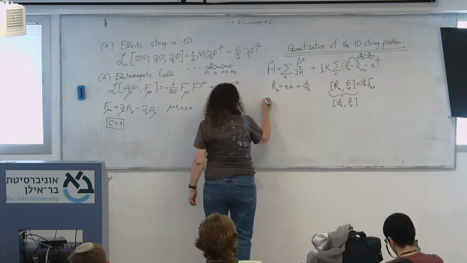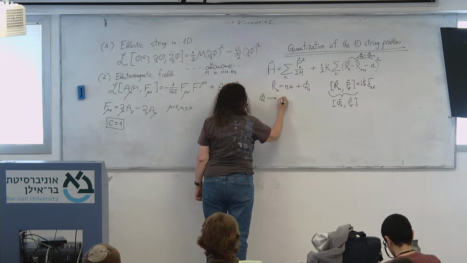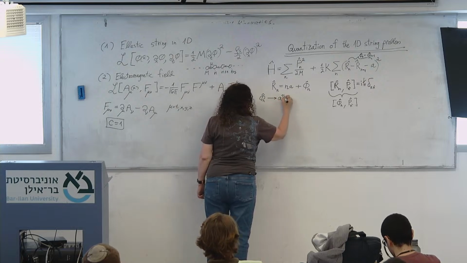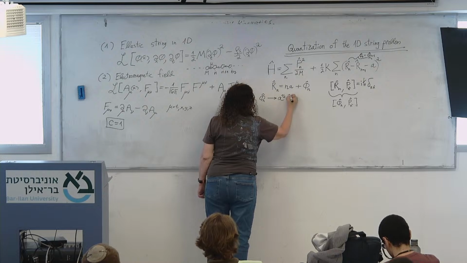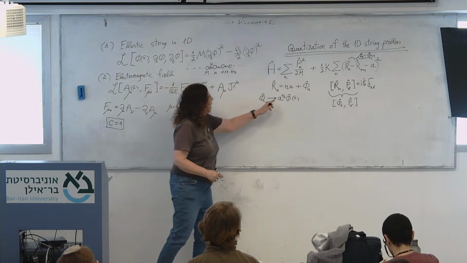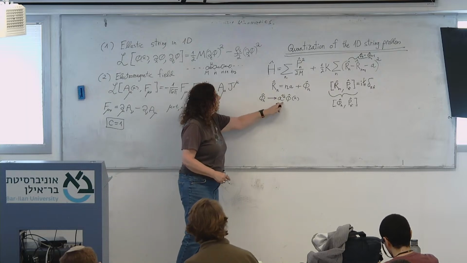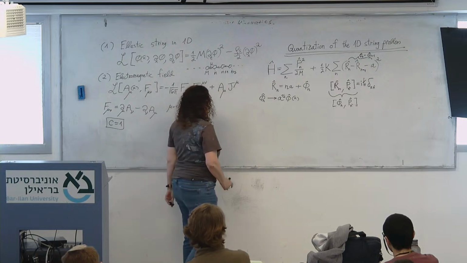How do we do it? We saw it last time. We convert phi to phi of x, okay? By doing this rescaling, we talked about the freedom we have, and let's keep it that way.